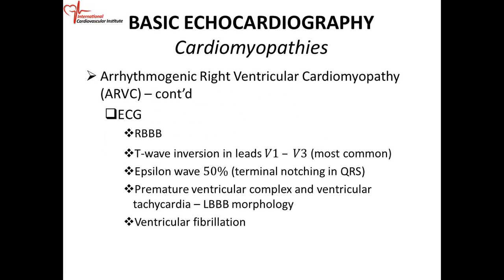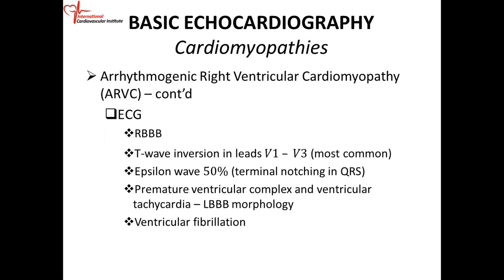And then you're going to see what we call the epsilon wave in about 50% of these patients. It is described as terminal notching in the QRS. So we'll show you examples of that. You tend to get a lot of premature PVCs, and some of these patients will present with ventricular tachycardia with a left bundle branch block morphology, because the problem is with the right ventricle.